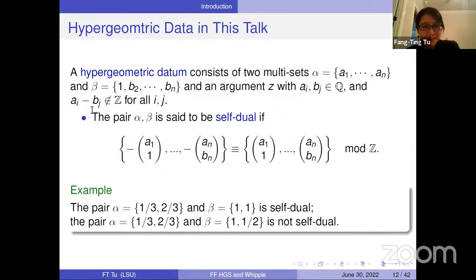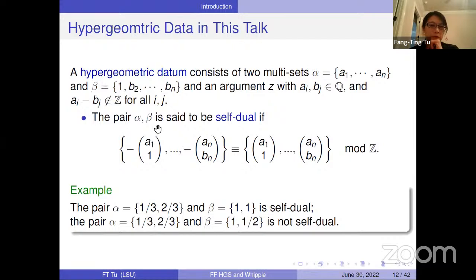Okay, some notation or some definitions. The pair alpha, beta is said to be self-dual if, thinking of it as column vectors, this set is congruent to this set mod Z. For example, 1/3, 2/3 and 1, 1 is self-dual, but 1/3, 2/3 and 1, 1/2 is not self-dual.